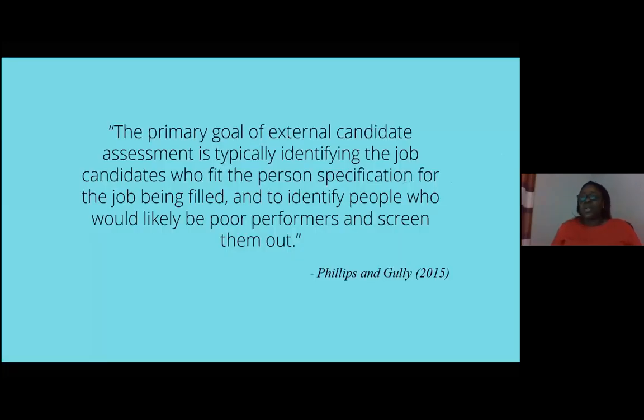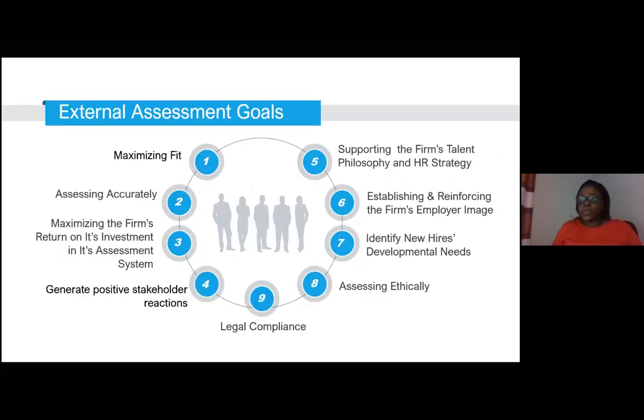Now, Phillips and Gully stated that the primary goal of external candidate assessment is typically identifying the job candidates who fit the person specification for the job being filled, and to identify people who would likely be poor performers and screen them out.